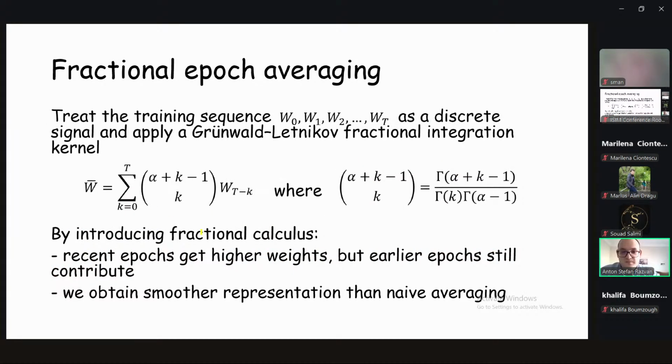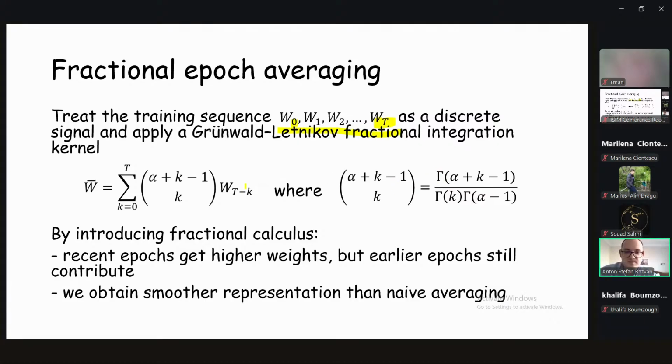My approach is basically using fractional calculus in this whole procedure. With your training sequence, from the first epoch to the last epoch t, you treat it as a discrete signal and apply the Grünwald-Letnikov fractional integration, which is just the normal formula, but with the gamma function instead of a factorial.